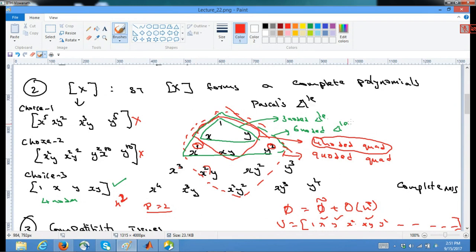So if I have to choose basis function for a 3-noded triangle, then I would choose 1, x and y as my basis function. If I have to choose a basis function for 6-noded triangle, then I would choose 1, x, y, and then x square, xy and y square.